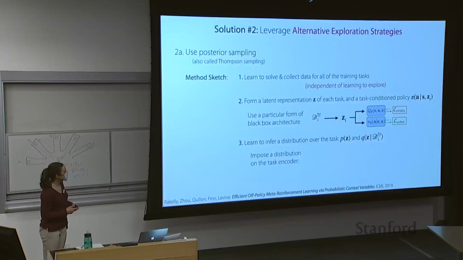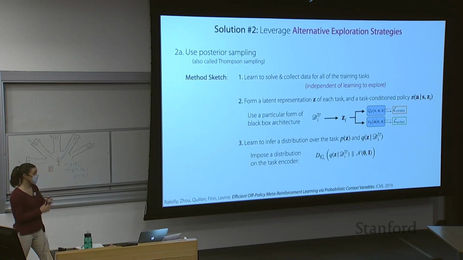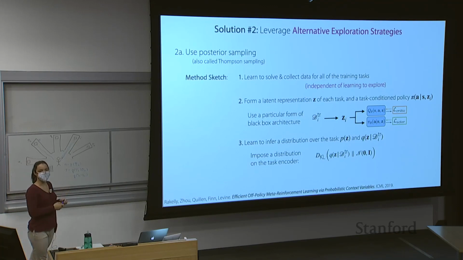The way that we can do this is quite similar to some of the things that we saw earlier in Bayesian meta-learning, where instead of having a model deterministically output Z, it's going to output a mean and a variance over Z. And you'll include a term in your objective that encourages the distribution over that variable to be a Gaussian distribution. You can do this with a KL divergence term that encourages the distribution over your task to follow a standard Gaussian distribution.